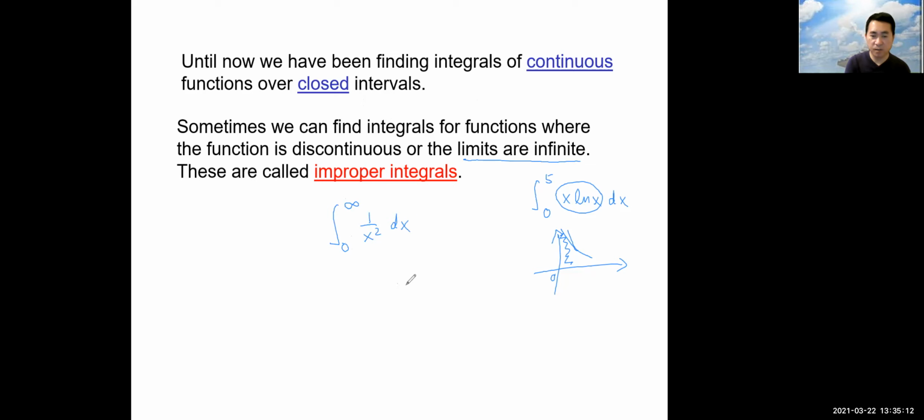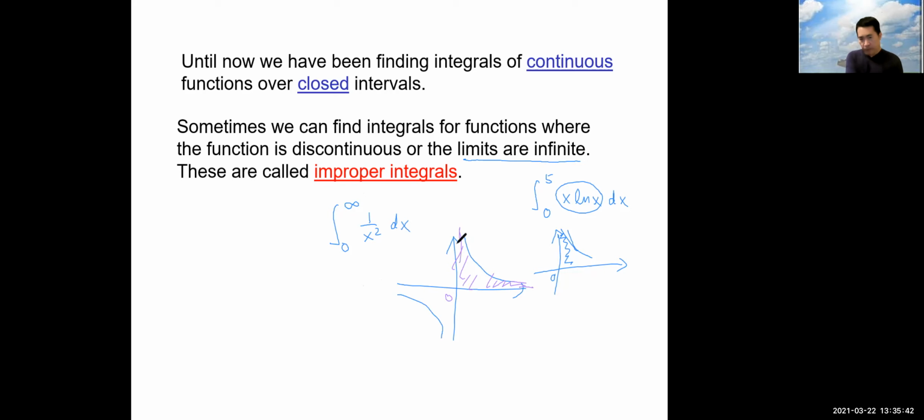So in this case, if you graph 1 over x squared and integrate from 0 to infinity, we're looking at the area from 0 to infinity. So basically this area, okay. You see that's kind of a bit weird. There's a gap here, there's a gap there.